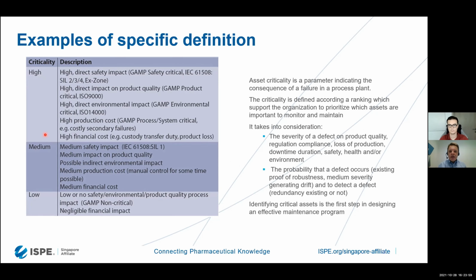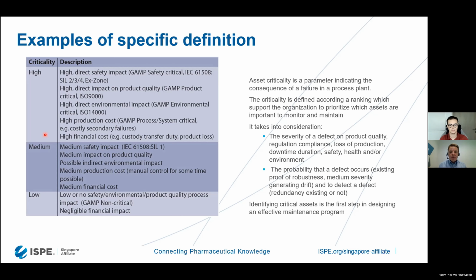Mathematically, it's a multiplication operation if you want to assess criticality in numerical terms. You have to multiply these two factors, severity and probability. As I said already twice, we can't give a universal example or a universal table for the criticality definition, but on the left-hand side of this slide, there are some examples of high criticality, medium criticality, and low criticality.